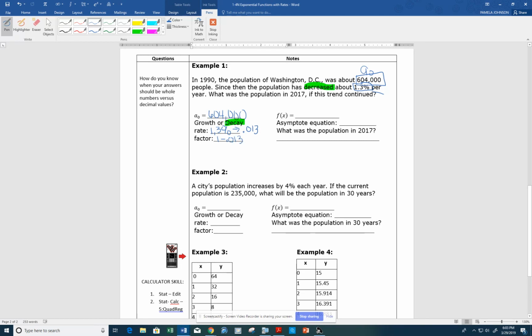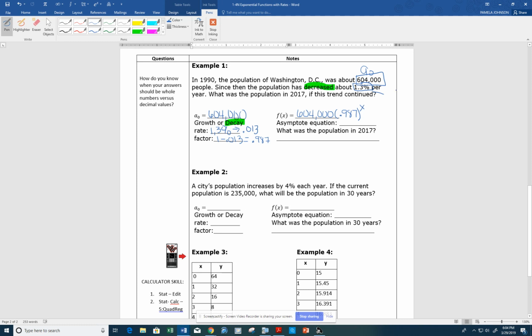That's going to give us a factor of 0.987. Okay? So our function is going to be 604,000 times 0.987 to the x power.